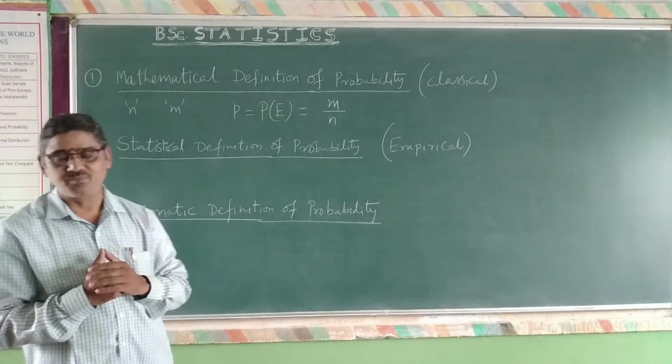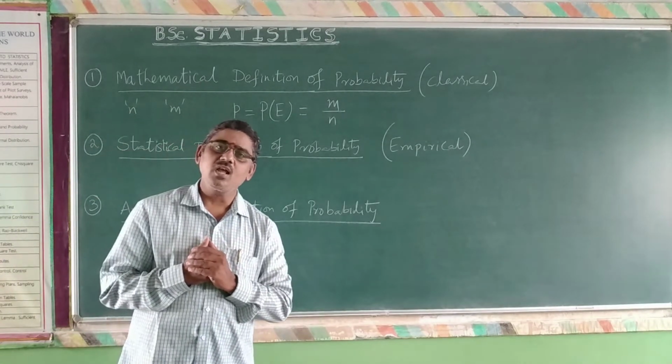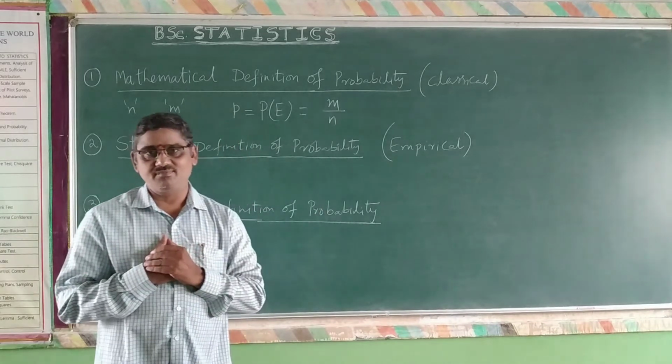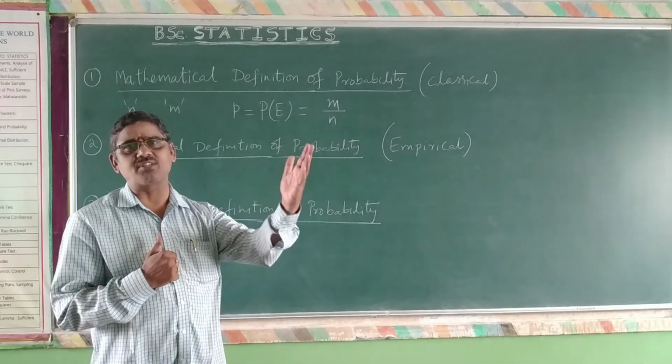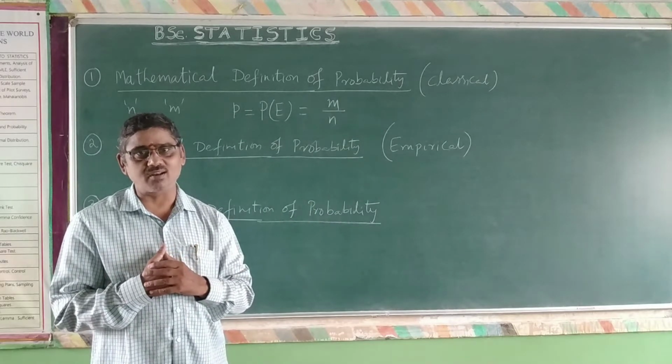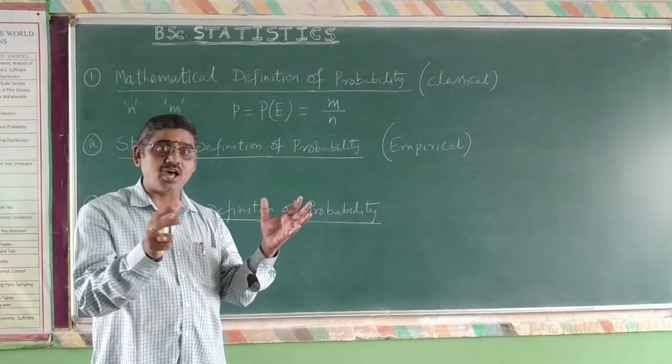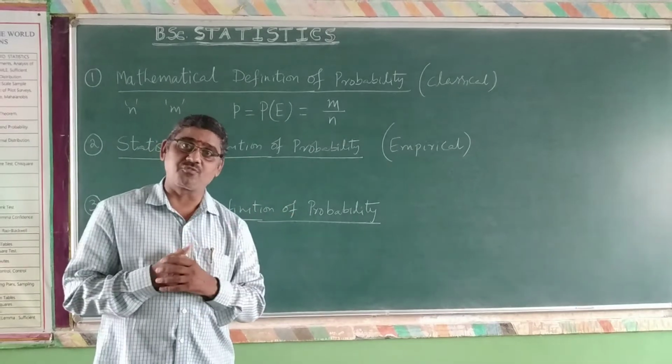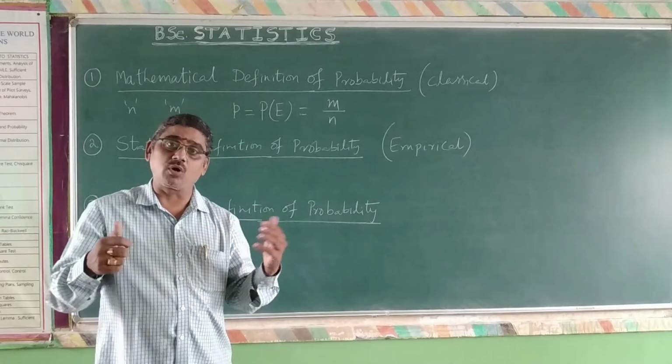Second, if n tends to infinity, that is, the number of trials becomes large, how can we calculate the probability? How can you count the number of favorable outcomes? How can we count the total number of outcomes?